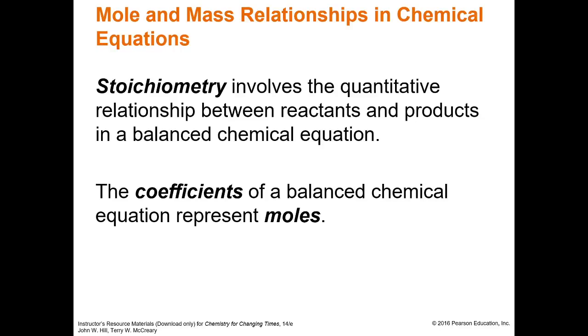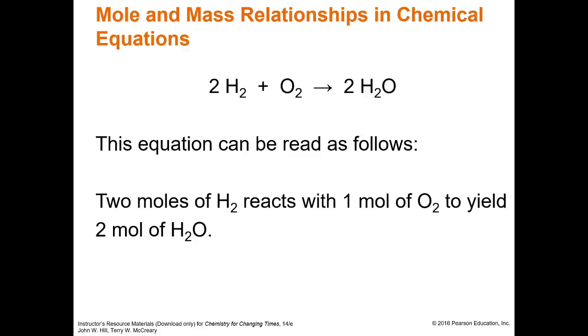So if you have two H2s like we saw before with one O2, you can make two H2Os, two molecules of water. The coefficients of a balanced chemical equation will represent moles. When you see those coefficients in your balanced equations, those are most easily talking about and representing moles.